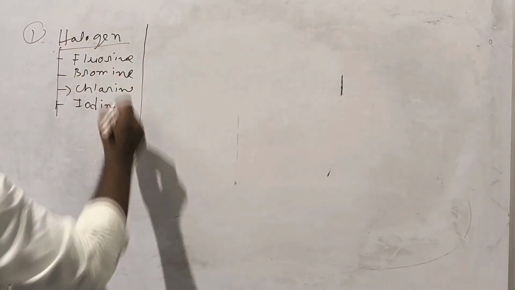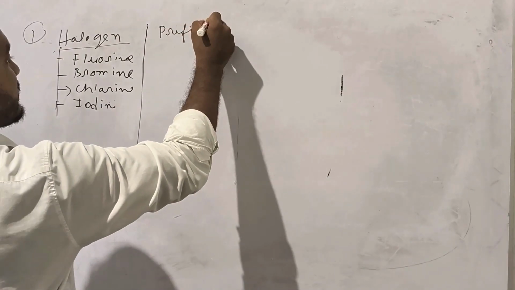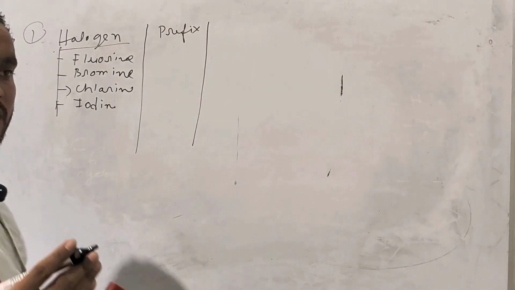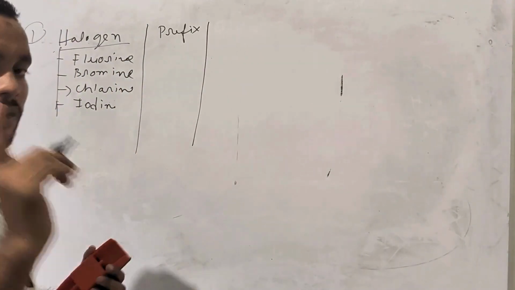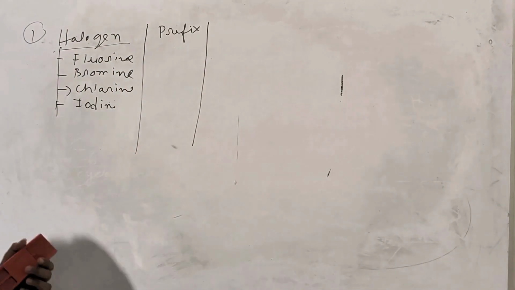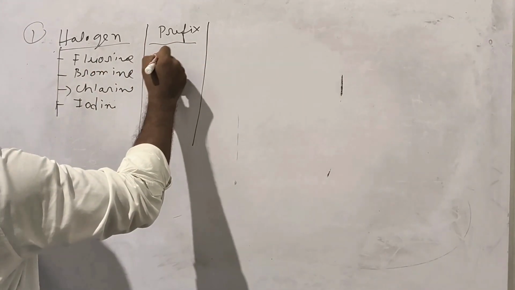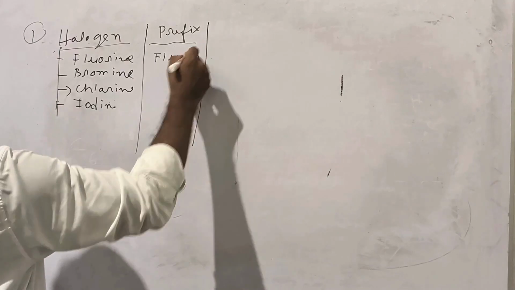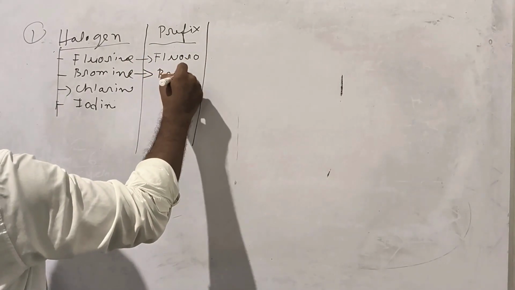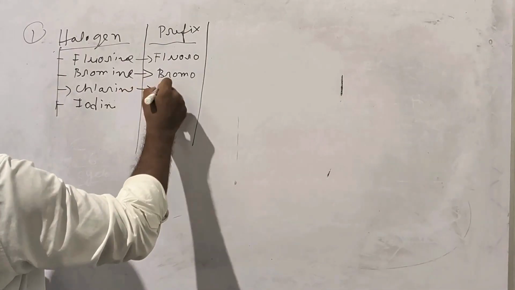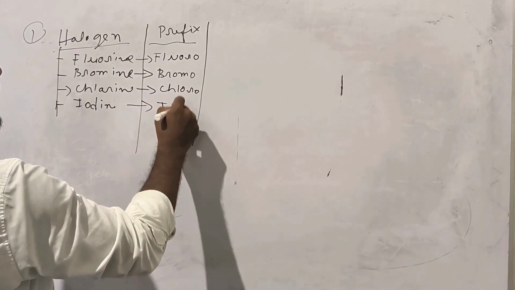For the halogen functional group we have a prefix. Prefix means it is just attached before the carbon chain. When I take an example, you will understand. The prefix of fluorine is fluoro, the prefix of bromine is bromo, the prefix of chlorine is chloro, and the prefix of iodine is iodo.